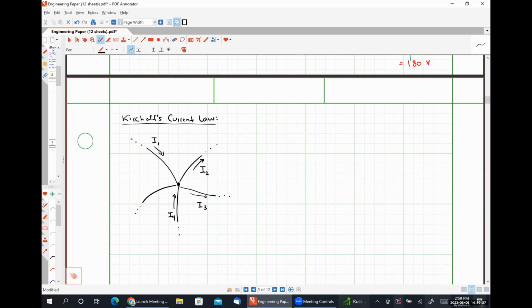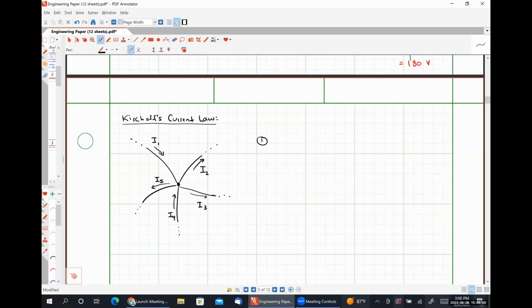I4 will flow in. And I5 will flow out. So we have a node, and then there are multiple currents flowing into and out of said node.